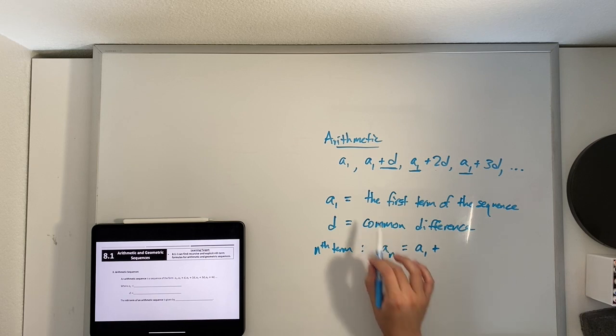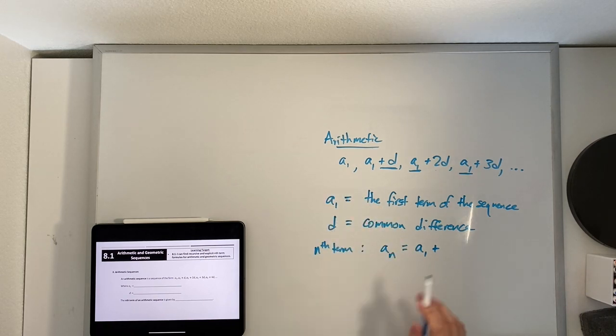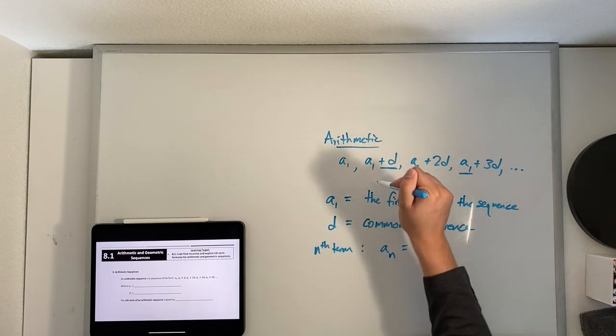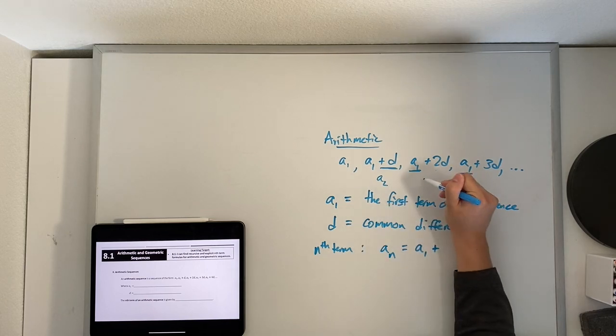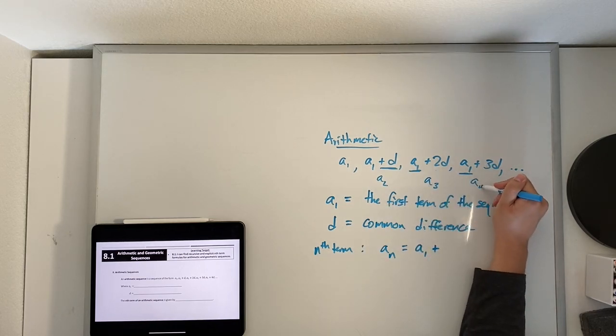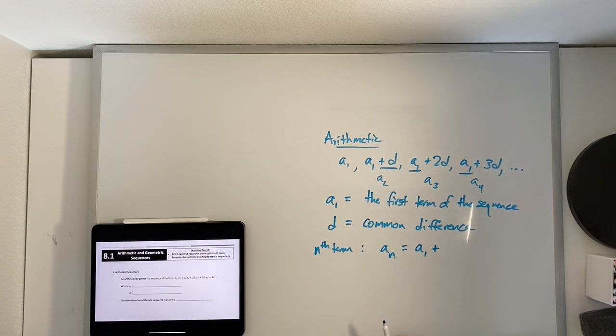Well, if we're looking at the nth term, how many multiples of this difference should we add? Well, for the second term, we added 1 multiple. For the third term, we added 2 multiples. For the fourth term, we added 3 multiples. So to get the nth term, we need to add 1 multiple less than n.